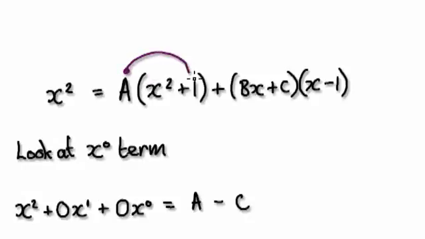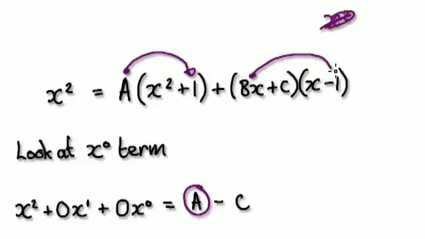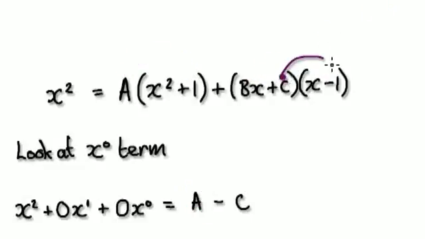The constant would be a times 1 here, that would be this a. This times this will give us an x squared term, which we don't care about. This times this will give us bx, which we don't care about because we are looking at a constant. The constant would be this times this.